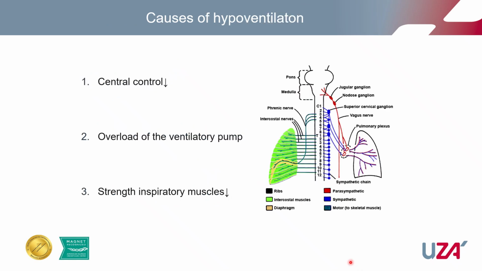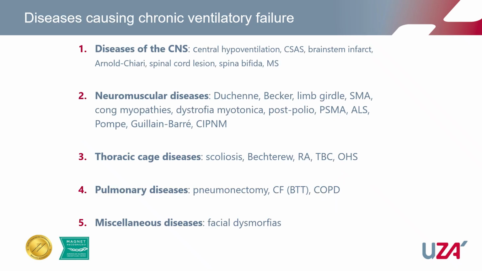Clinically, hypoventilation may be caused by loss of central control in the medulla or pons, due to overload of the ventilatory pump, as for instance in kyphoscoliosis, or due to weakness of inspiratory muscle diseases, like in many neuromuscular diseases and for instance Duchenne's muscular dystrophy.